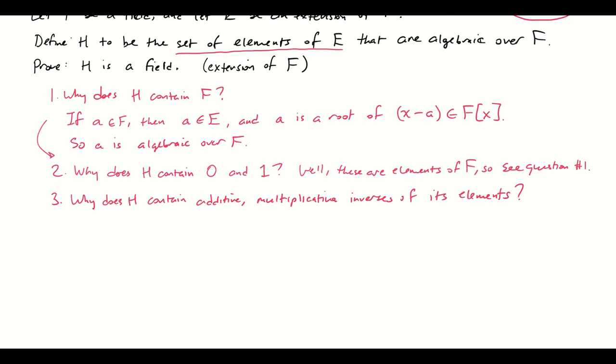Okay, so first of all, suppose a belongs to H. So a is an element of E, and a is algebraic over F, which means a has a minimal polynomial over F.